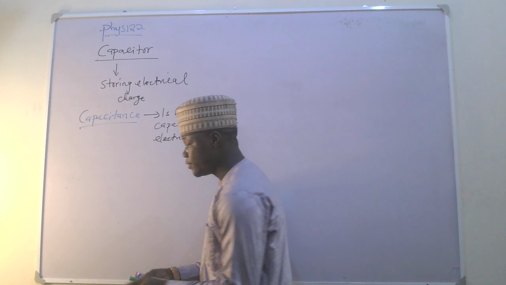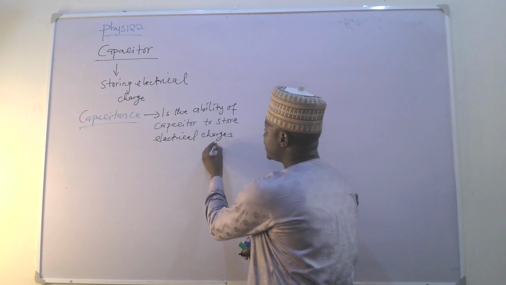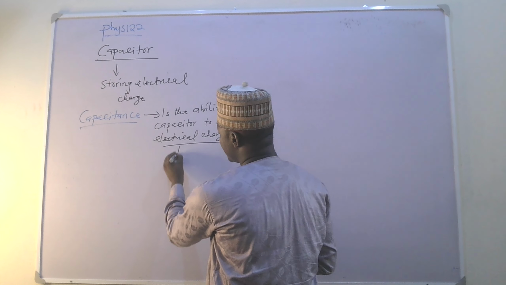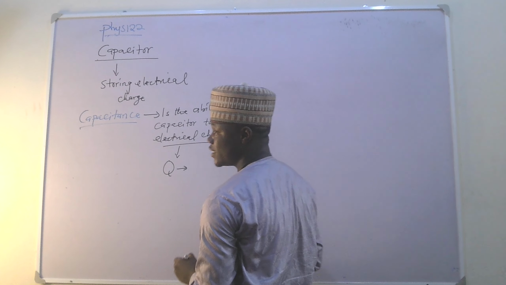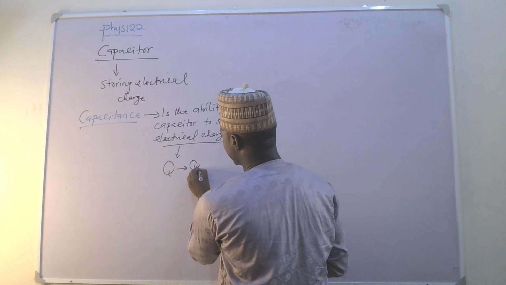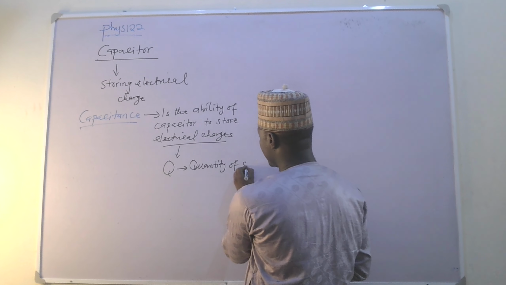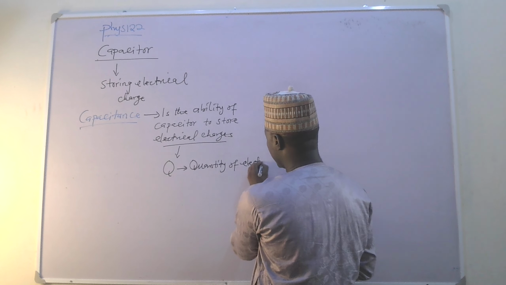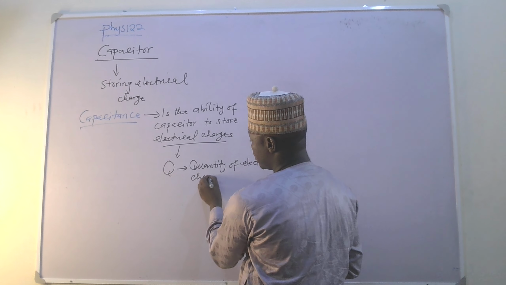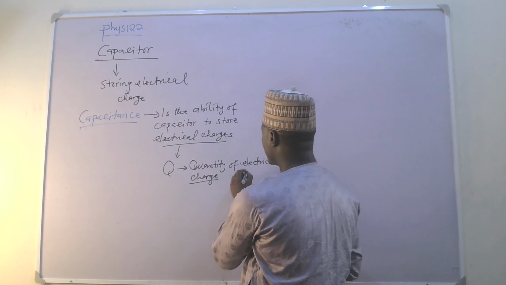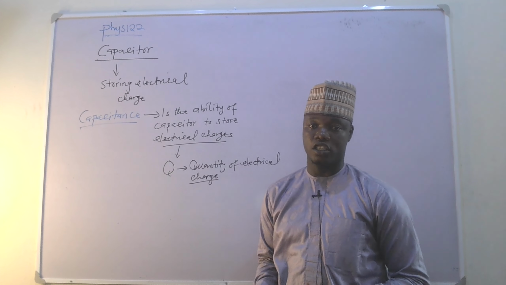Very importantly, we should know that the charge we are talking about is represented as Q. Q can be considered as the quantity of electrical charge. But this quantity of electrical charge depends on the amount of the voltage.